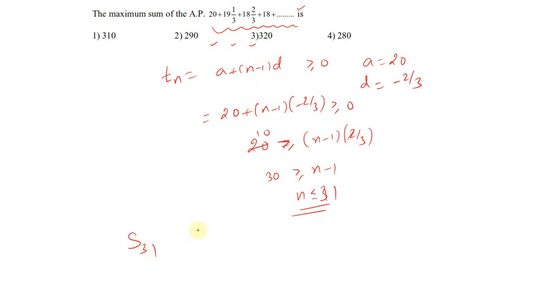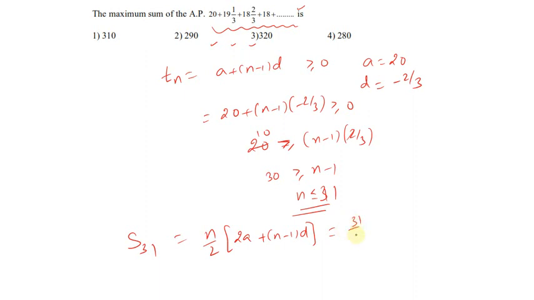If you calculate the sum of all the 31 terms, you get the maximum sum of all these terms. So S31 is equal to, how can you calculate? Let me write this formula: n by 2 into 2a plus n minus 1 into d.